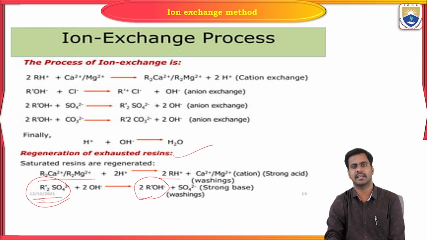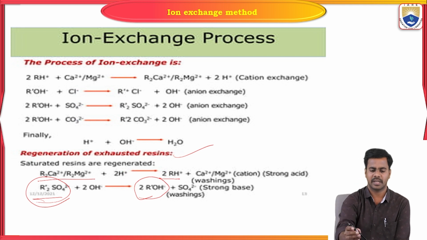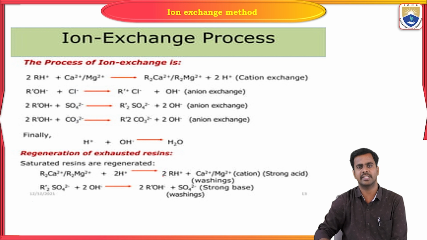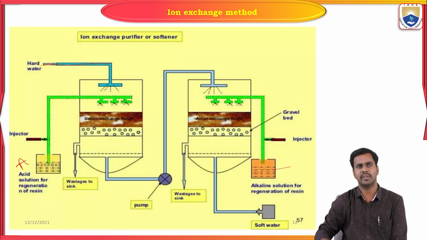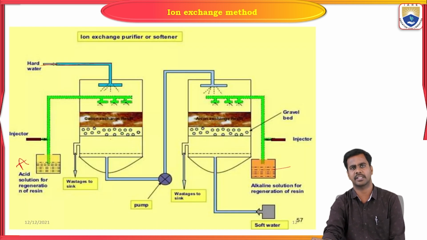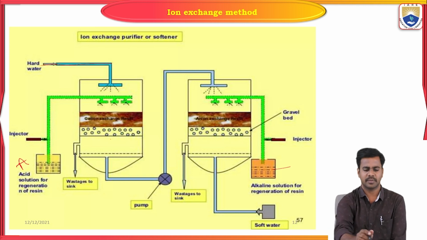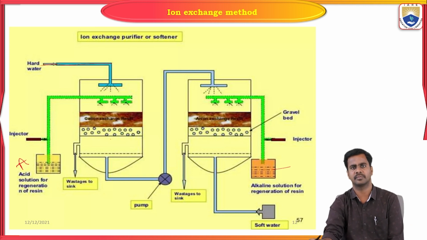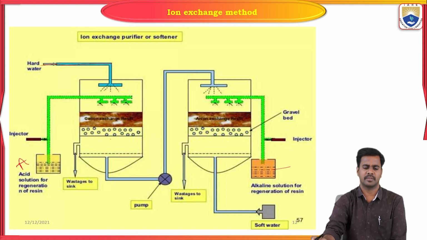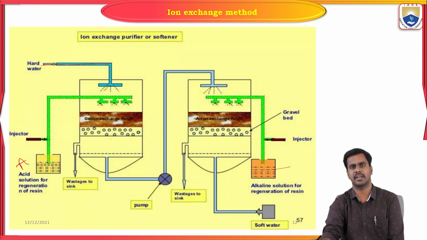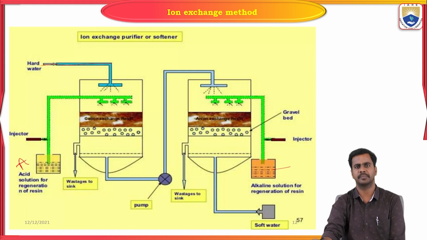So these are the regeneration steps of the ion exchange method. Now after regeneration, we can go for further purification, because the resins are regenerated. So that is the procedure for the ion exchange method.